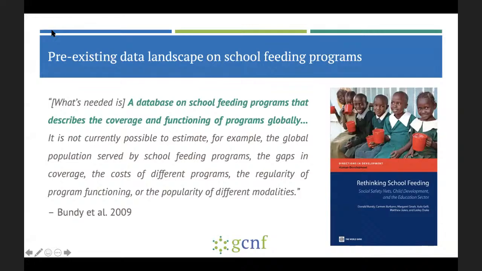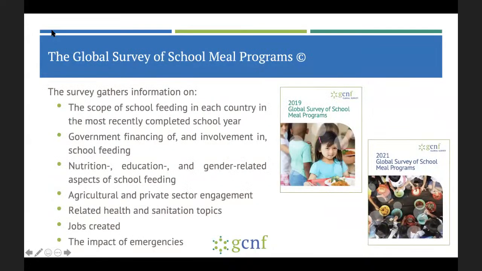So this quote came from 2009, fast forward 10 years to 2019, and not much had changed in this space. That's why in 2019, the Global Child Nutrition Foundation stepped forward with the Global Survey of School Meal Programs.